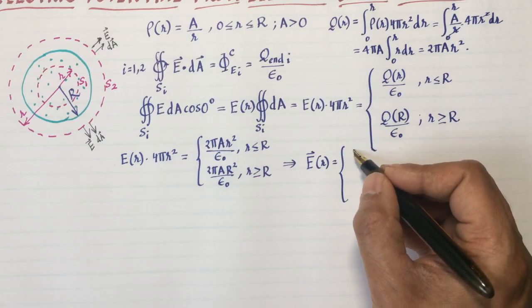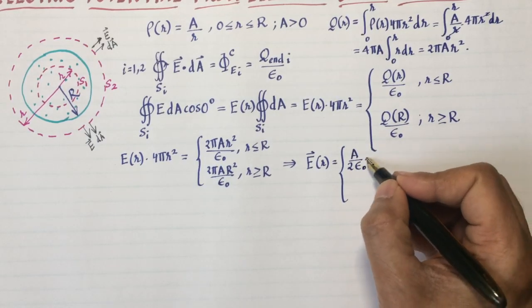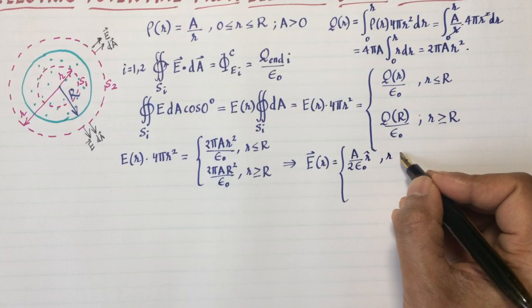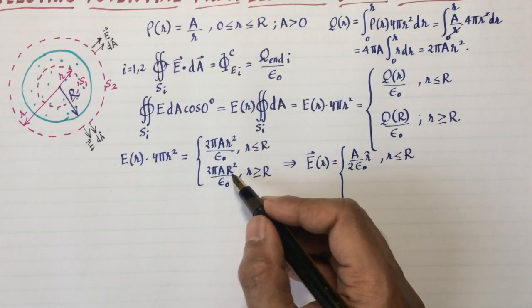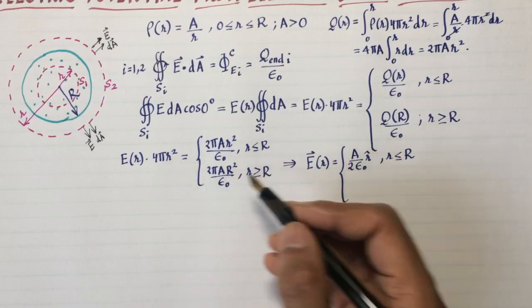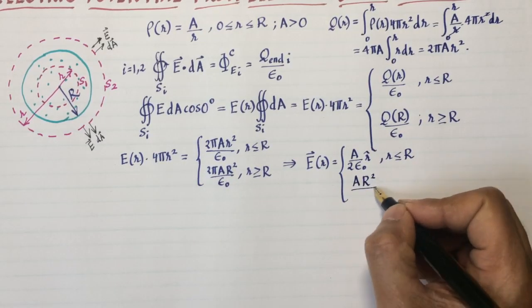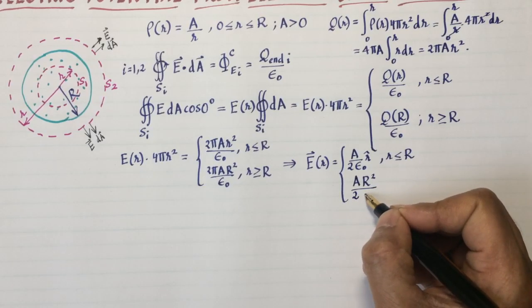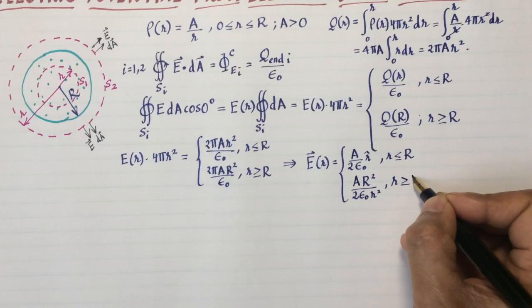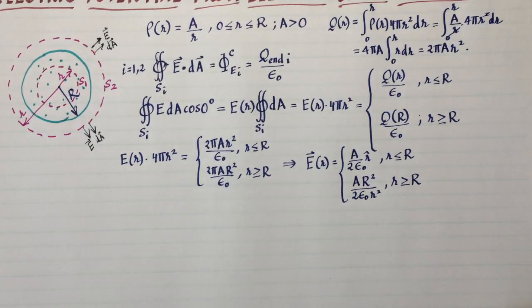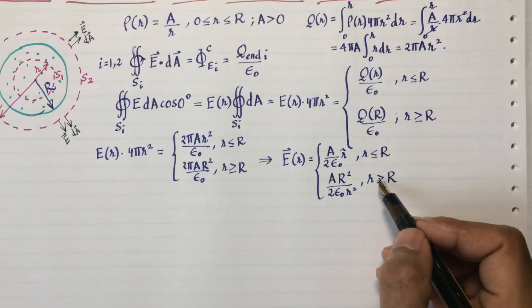So this is going to be A over 2 epsilon naught r hat for r less than or equal to R. And here there's no cancellation, but the 4 pi's and the 2 pi cancel out, so I get A R squared over 2 epsilon naught r squared for r bigger than or equal to R. Just as a quick check, let's make sure that these values agree at r equals R, as they have to.